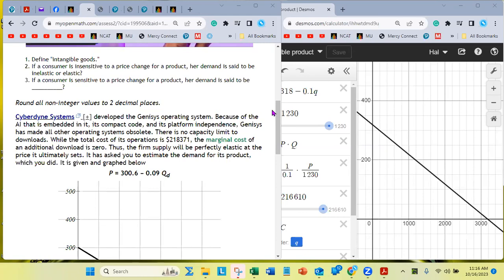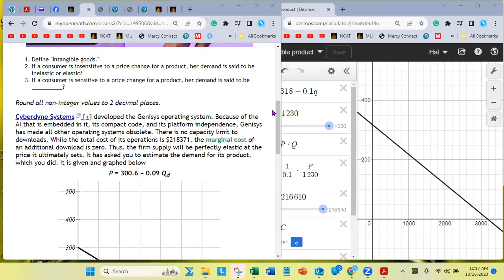That cost of that 1,000,001st unit being downloaded probably costs the same to the company as the 1,000,000th download. So downloads of video or downloads of software titles are intangible, and the marginal cost of that additional download is close to zero. So we're going to do that with this fictional company, Cyberdyne Systems.